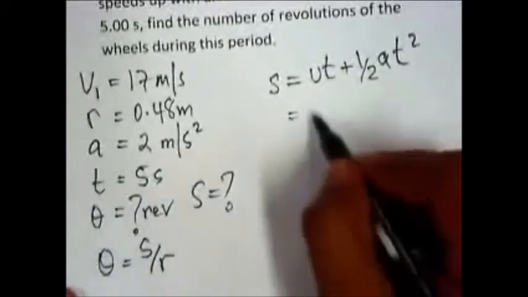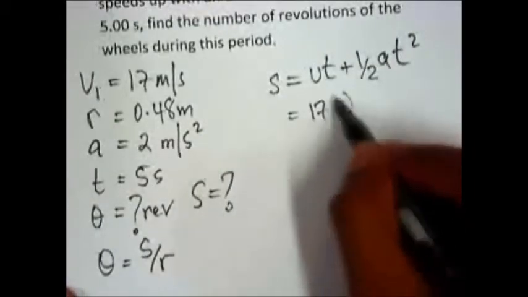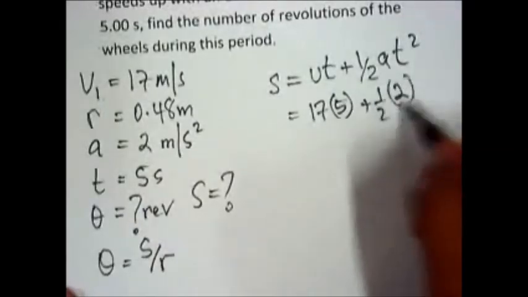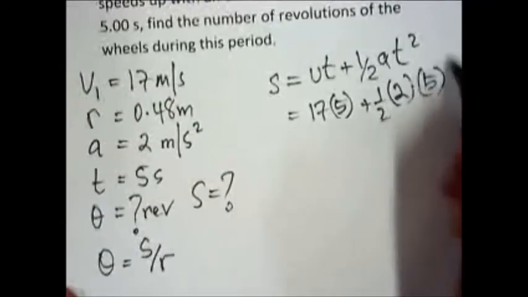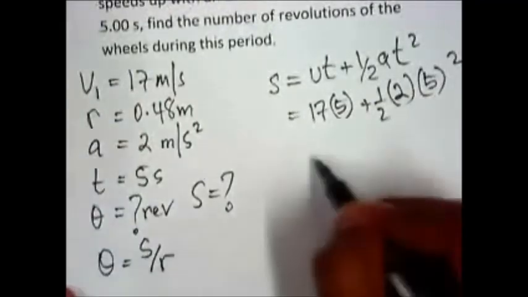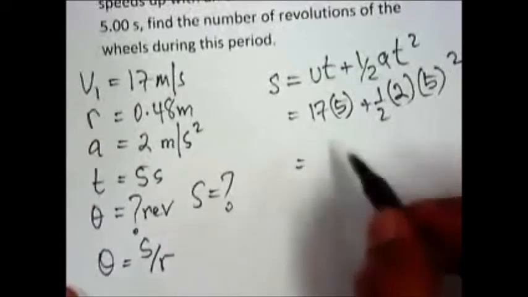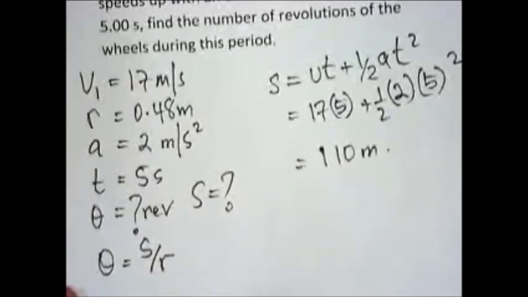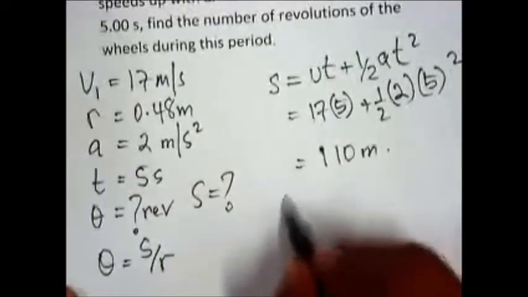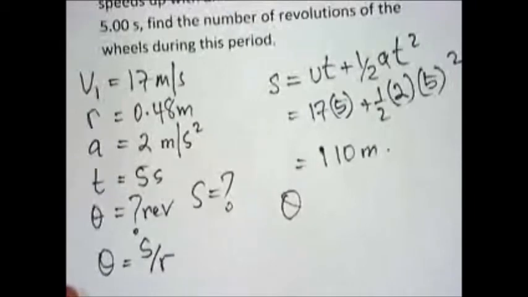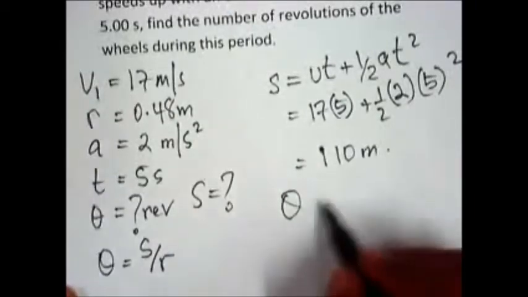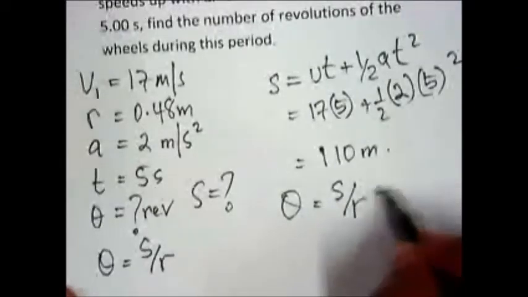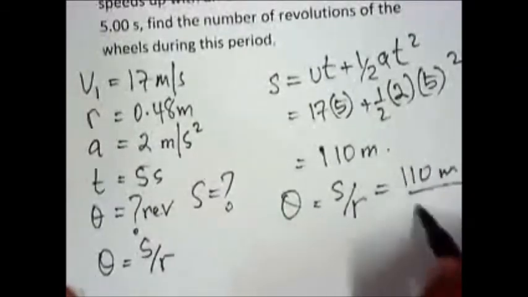So 17 into 5 plus half into 2 multiplied by 5 squared. If you do that, you'll see your answer comes to 110 meters. Now you convert this to theta because you are interested in the angular displacement. So this is equal to linear displacement divided by r, 110 meters divided by 0.48.